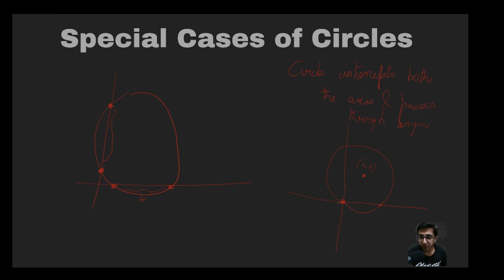Now we know that this point is (0, 0), and we had studied this in straight lines, that if there is any point that lies on the geometry that we are dealing with, that point would satisfy the equation of that shape. That means the equation of the circle is written as (x minus h) whole square plus (y minus k) whole square is equal to r square. (0, 0) means the circle is passing through (0, 0), so (0, 0) would be satisfying this equation.